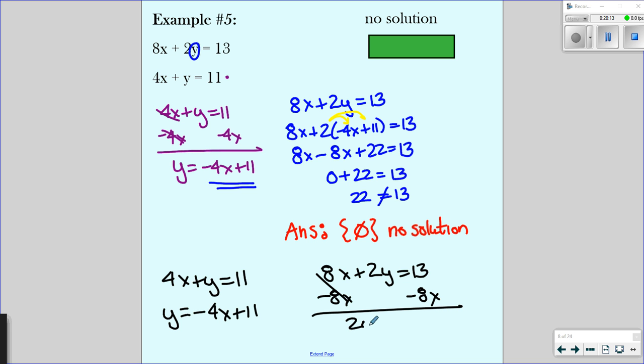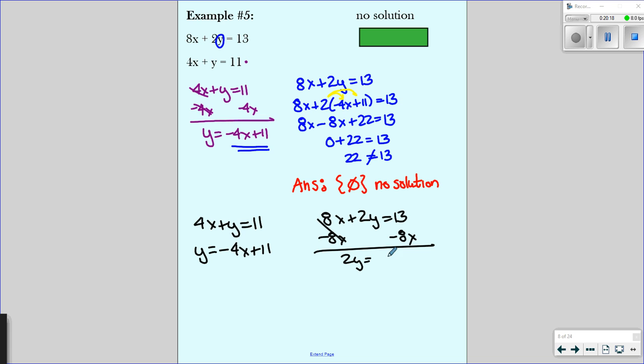Then I get 2y equals negative 8x plus 13. And then divide by 2 on both sides. y equals negative 4x plus 13 over 2.